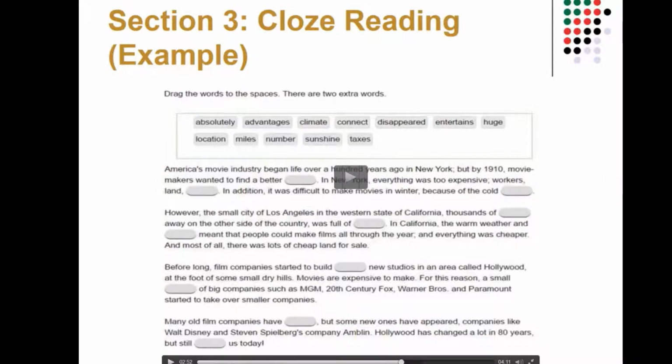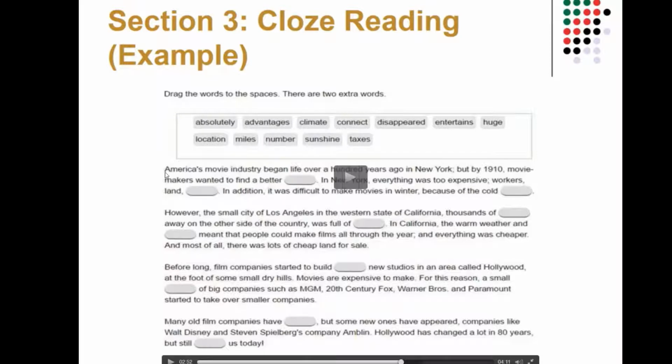You have to figure out which word is suitable for which place. For example, gap 1: you need to start from the beginning of the sentence until you reach the first full stop. If you still cannot decide which word to use, you continue reading the following part of the text.